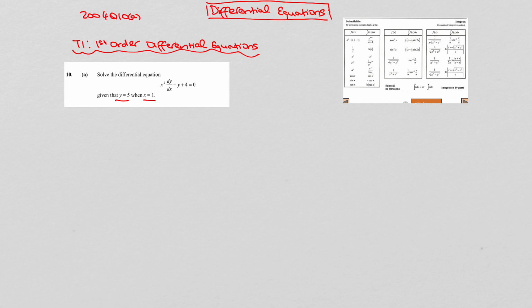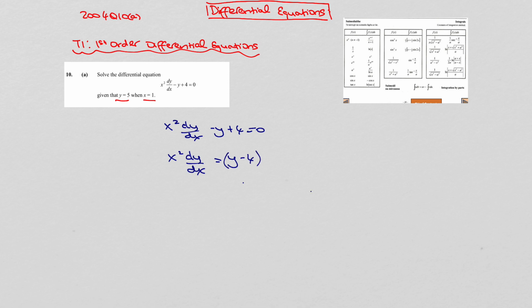So we're going to start by trying to isolate our y terms on the left and our x terms on the right. So we have x squared dy/dx minus y plus 4 is equal to 0. So I have x squared dy/dx is equal to y minus 4.